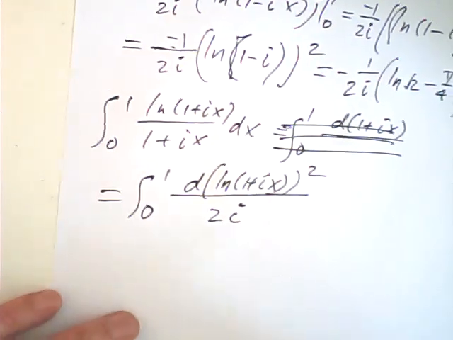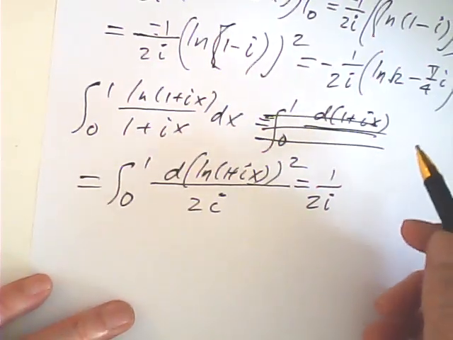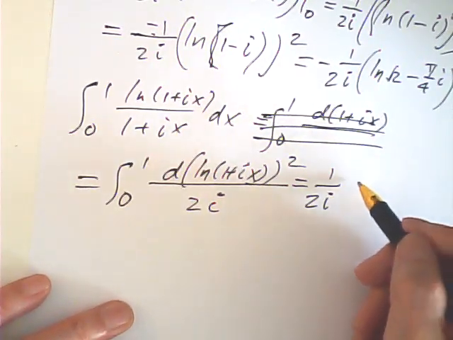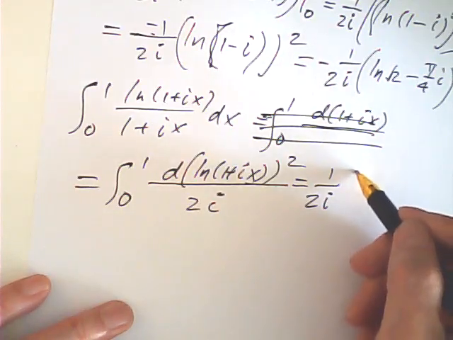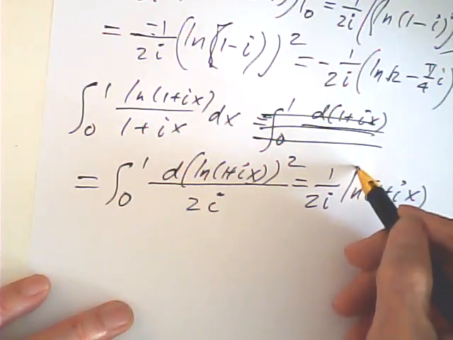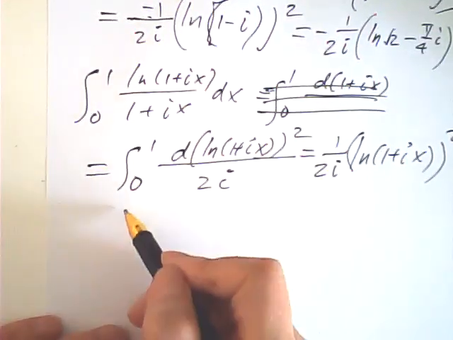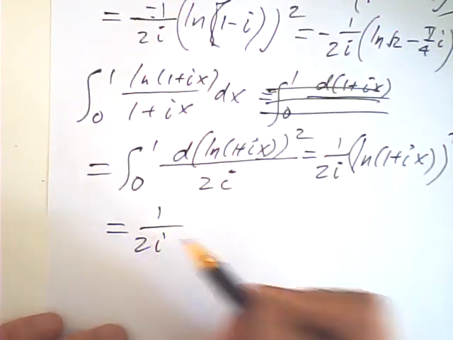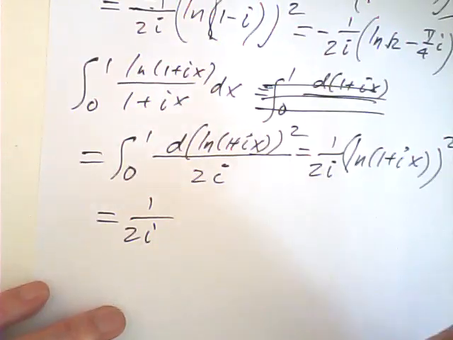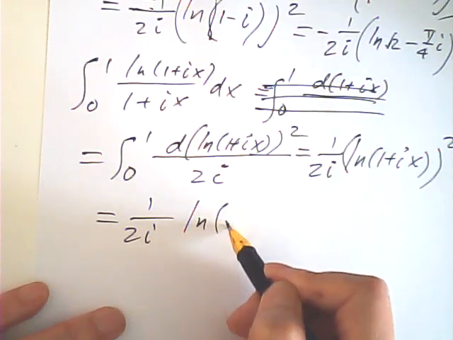This one is equal to 1 over 2i times log of (1 plus ix) squared.